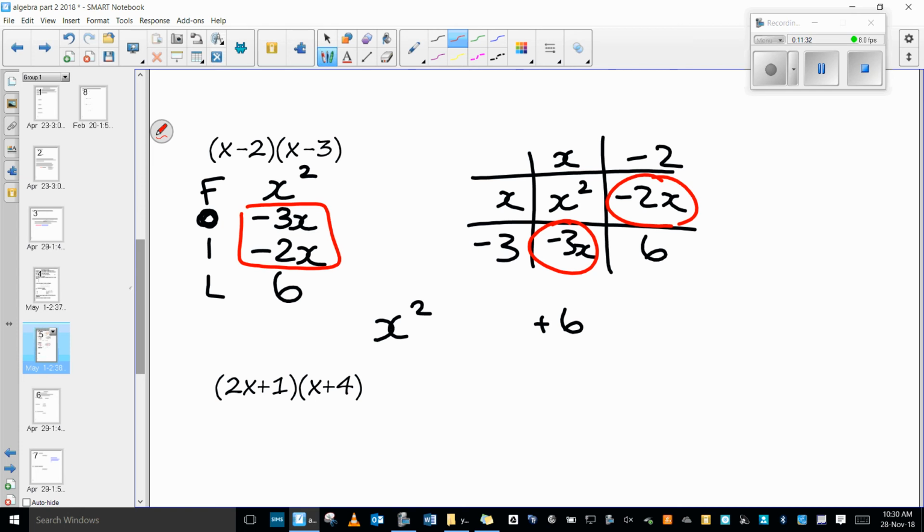Now, remember I said it's really super important that you try and get out of your head 'two negatives make a positive'. I know that's the phrase lots of people use, but I don't want you to remember it. I want you to say, when you are multiplying or dividing, the same sign gives you a positive answer, a different sign gives you a negative. When you're adding and subtracting, it's different. The first number, whichever one you choose, is where you start.